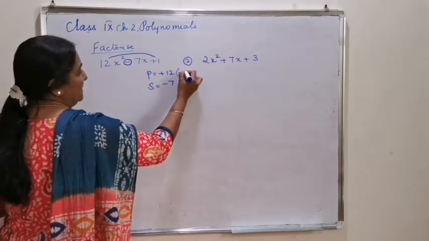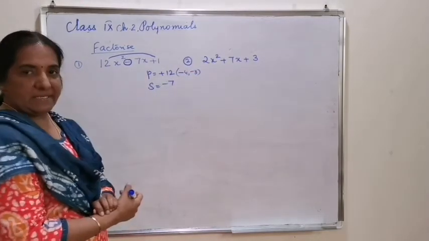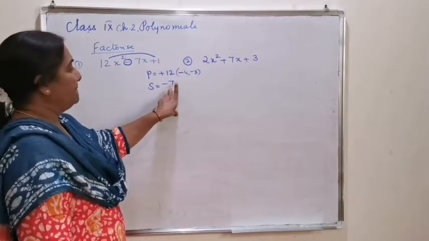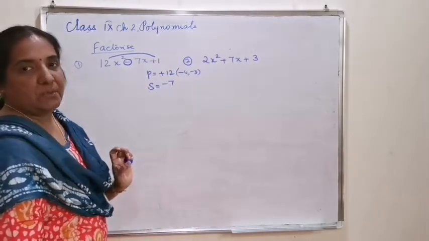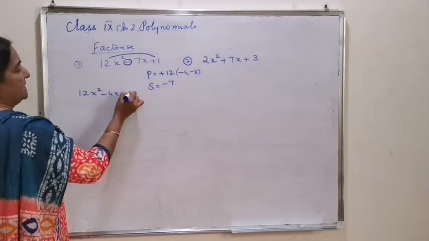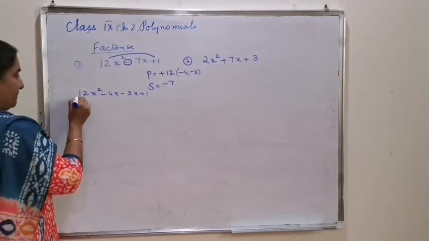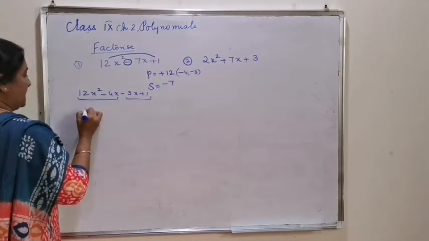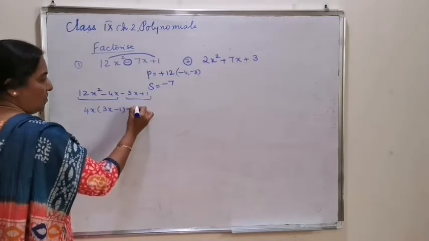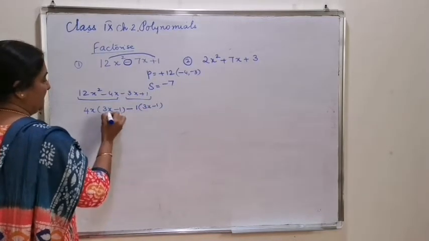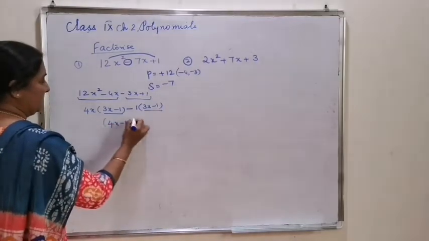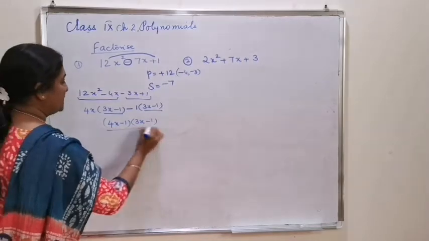Thus, the factors are -4 and -3, which makes you sure that -4 plus -3 is -7, -4 into -3 is equal to 12. 12x square minus 4x minus 3x plus 1. The common terms: 4x into 3x minus 1 minus 1 into 3x minus 1, and the factorization is 4x minus 1 into 3x minus 1.